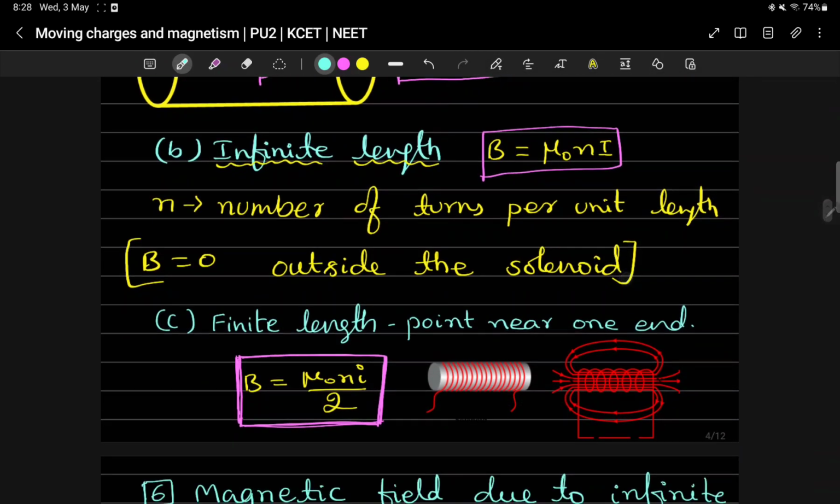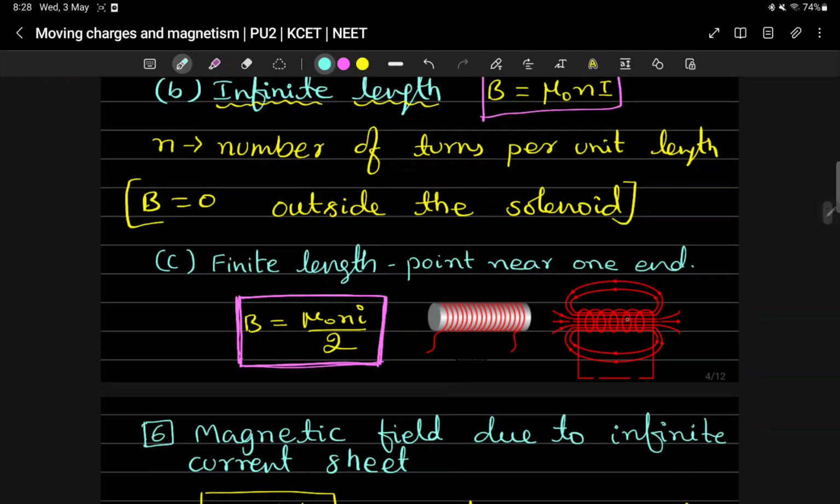There is one more case here. If you consider the magnetic field at any one point of an infinite length solenoid, then you have to divide that mu naught N i by 2. You will get it divided by 2 if you consider the point at any one end of the solenoid.